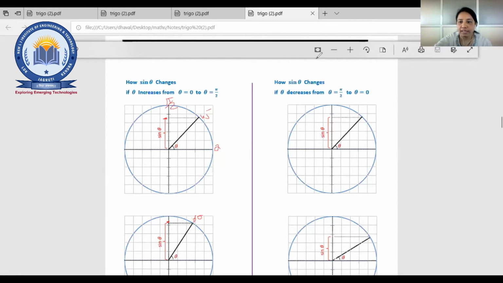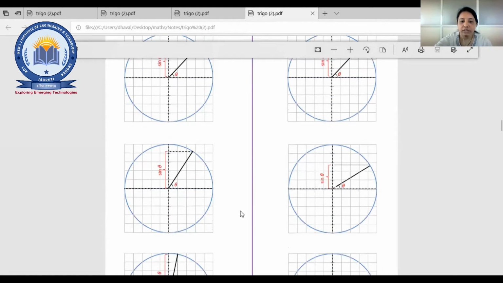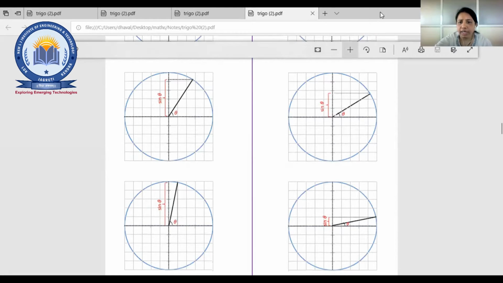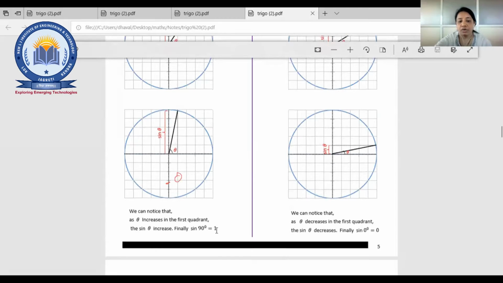So for sine theta, we can say what? When we move from 0 to pi by 2, the third figure. Again, we have increased the theta as compared to the previous one, right here. So you can see that the sine theta value is increasing, right? So when theta is supposed to be increased, your sine theta value is increasing.